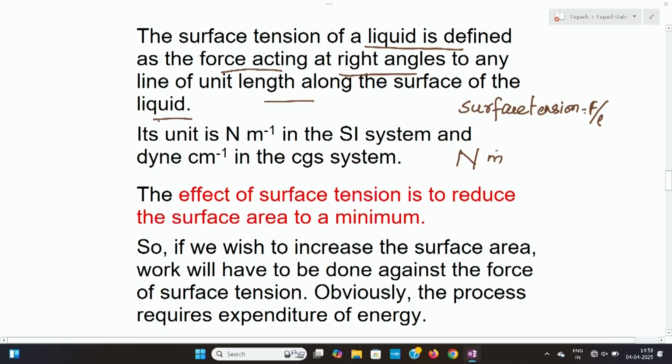Since it is force per length, the unit of surface tension is Newton per meter, that is in the SI system. In the CGS system, the unit is dyne per centimeter, or dyne centimeter inverse.